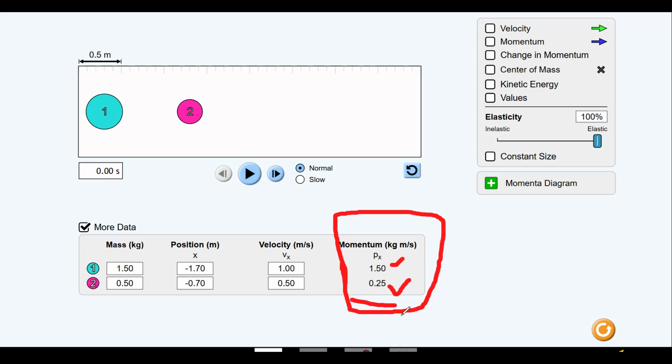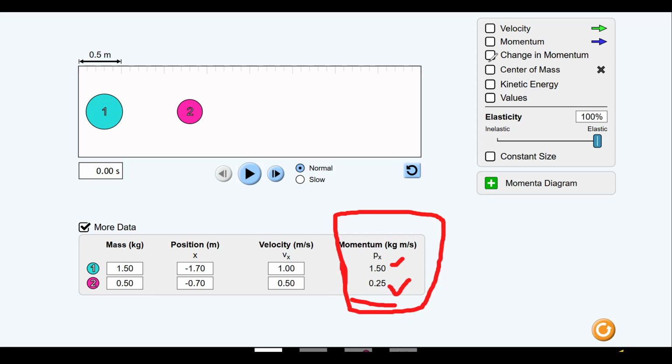So this is the initial momentum before the collision, the total linear momentum before collision.